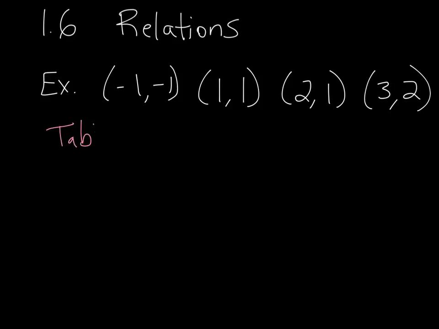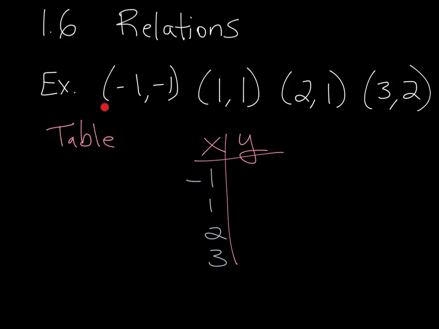We've dealt with tables, but if you recall, you're going to see a table that looks like this, and exactly that. You're going to write in all of your x values in the x column, and so in this problem, I have x values of -1, 1, 2, and 3, and I saw those right here, right here, right here, and right there.